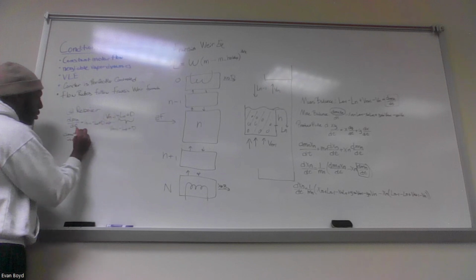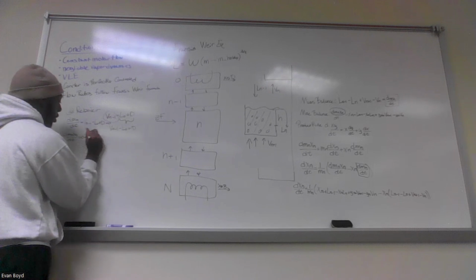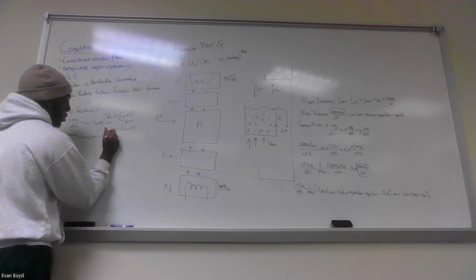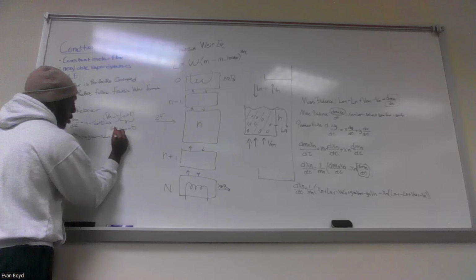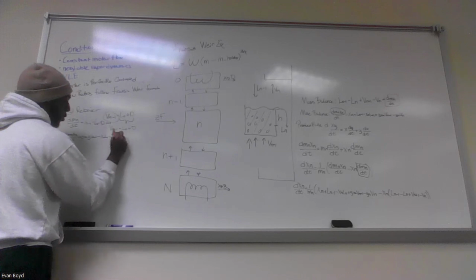So this will also be equal to 0, and then we just plug in the vapor composition: y Vn minus 1 minus X L0 plus XD E minus XD D.